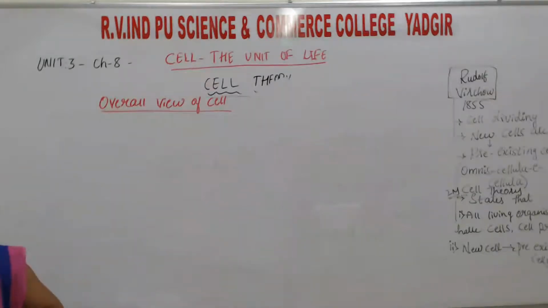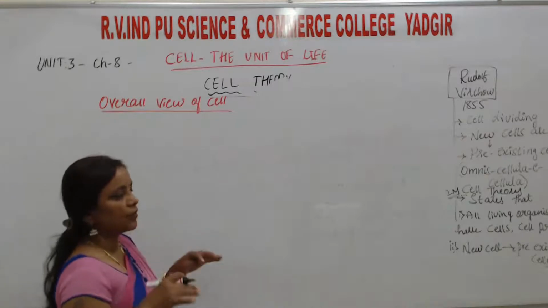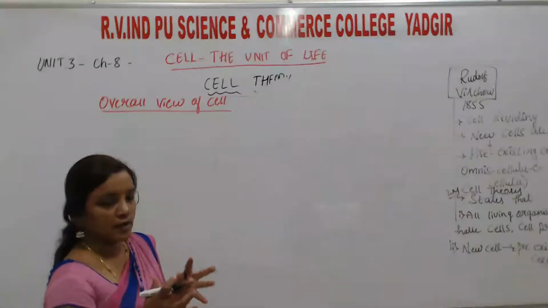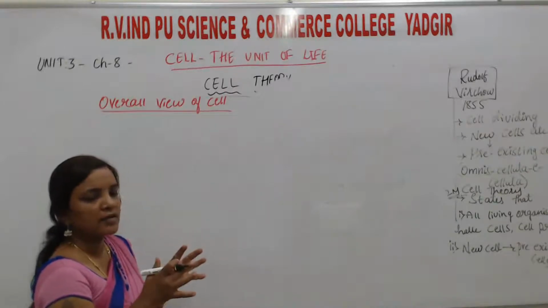What does a cell consist of? Think as if you don't know anything. How are you going to describe it? The cell was there, the cell was dividing, the cell has some components, right?